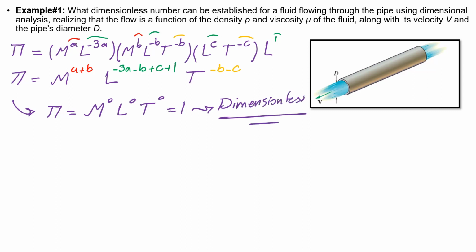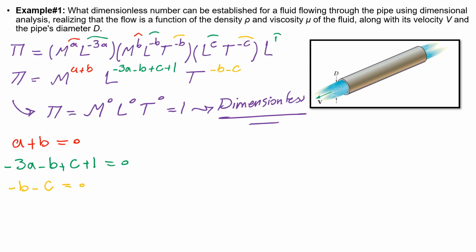And since it is dimensionless, I'm going to say that a plus b should be equal to 0, negative 3a minus b plus c plus 1 should be equal to 0, and then negative b minus c should be equal to 0 as well.